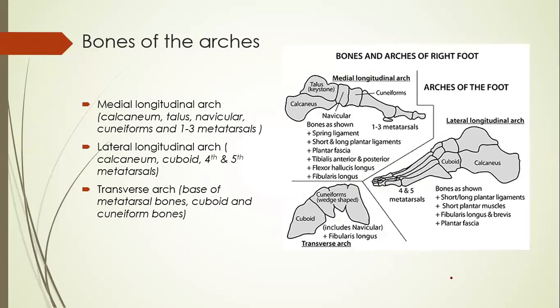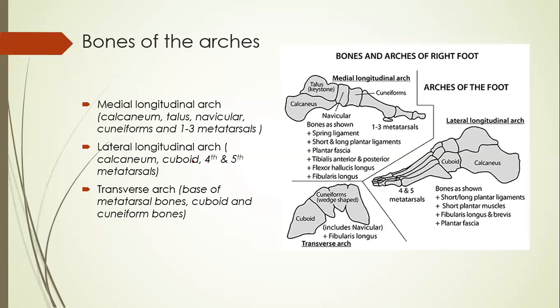So what bones are involved in the arch? In the medial longitudinal arch, which is here, you can see there is the calcaneus, the talus bone, navicular, cuneiforms, and the first 3 medial metatarsals.